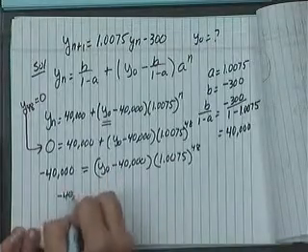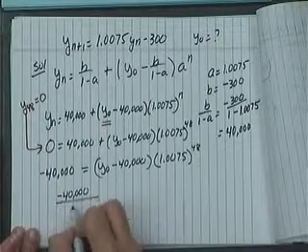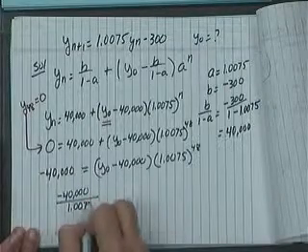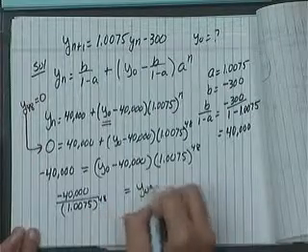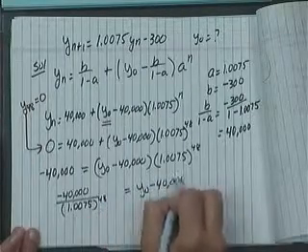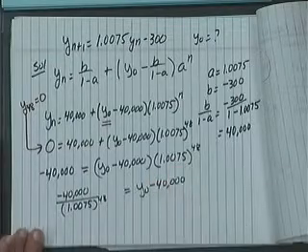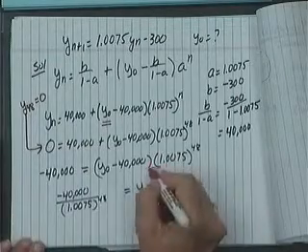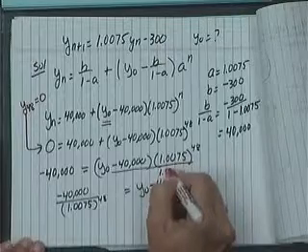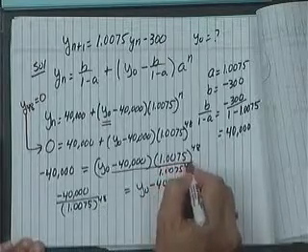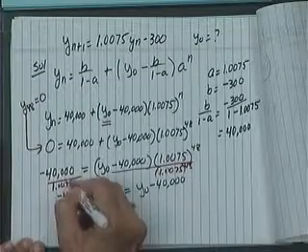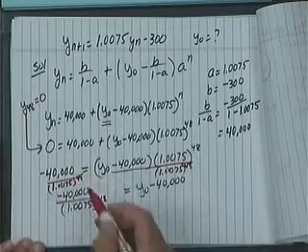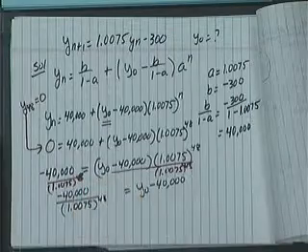So we have minus 40,000 divided by 1.0075 raised to the 48th equals y sub 0 minus 40,000. I divided both sides because it was multiplication. Everybody with me? It just looks ugly, but it's the same kind of algebra you've been doing.